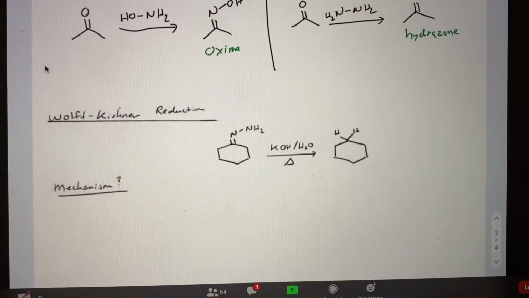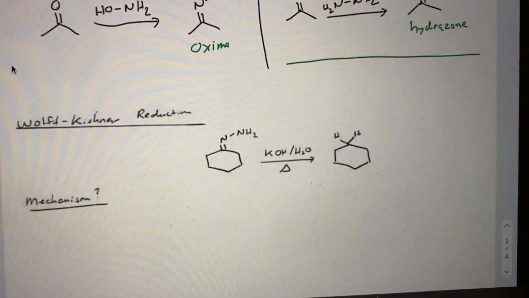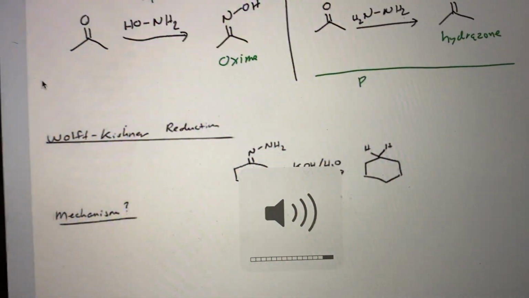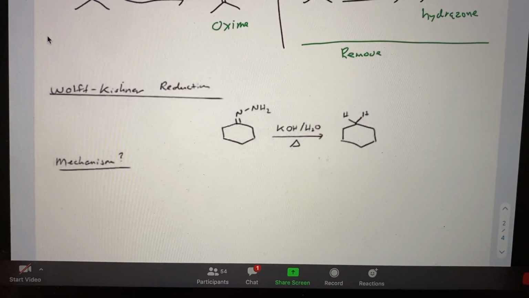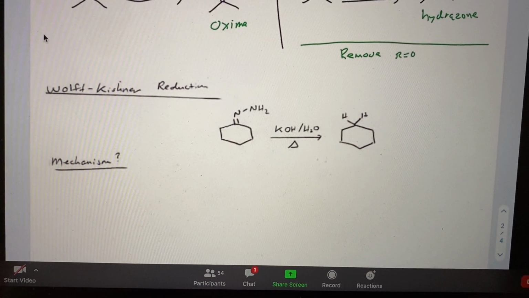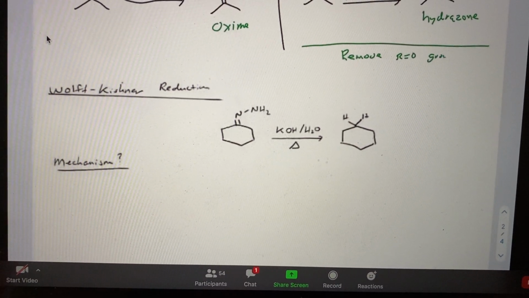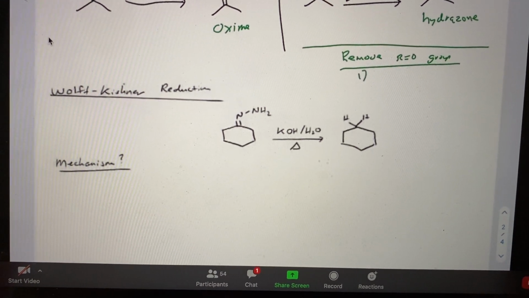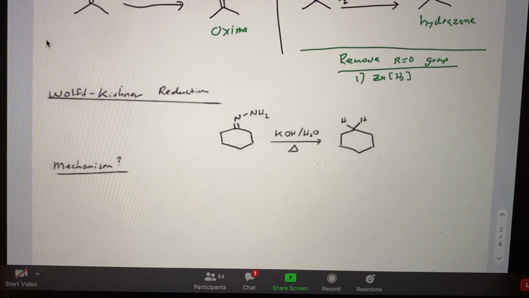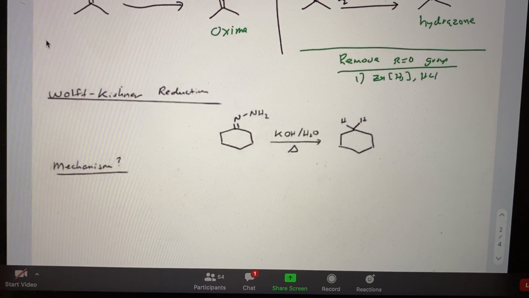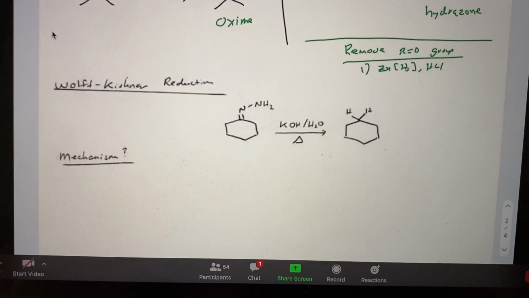And I'll write it here, in case people are still writing down the hydrazone. So I'll say, remove a carbonyl group, our double bond O group. We had the zinc-mercury conditions with HCl, so-called Clemmensen reduction.